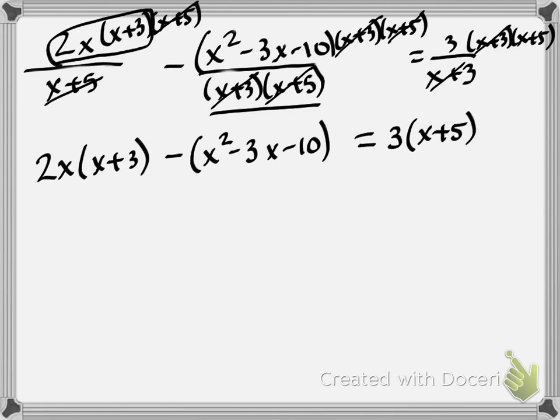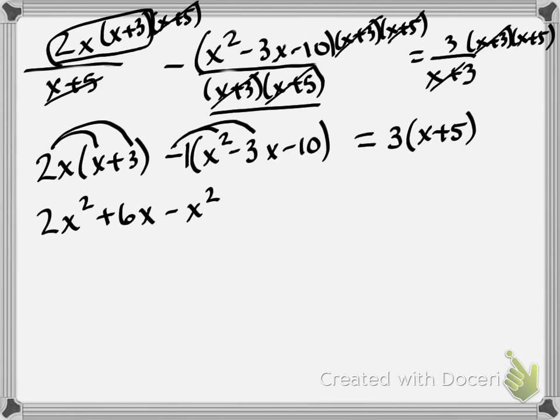At this point, we're just going to simplify as much as we can and then take care of things from there. So let's distribute my 2x and 3. 2x times x, that's 2x squared. 2x times 3 is plus 6x. Now we're going to distribute the negative. Negative 1 times x squared is just negative x squared.